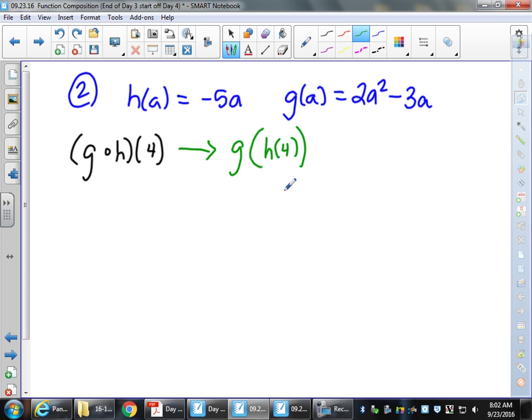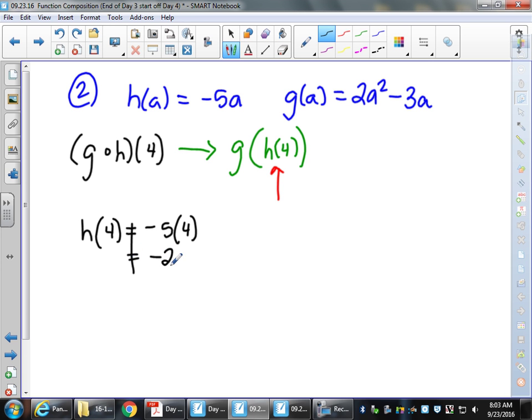Typically, if I had an expression here like h of x, we would start at g, yes? But as soon as we start evaluating at a given number, we're actually going to start from the middle because we can calculate that input. So let's first figure out what is h of 4. The strategy changes when we're evaluating numbers versus expressions. So h of 4 would equal negative 5 times 4.